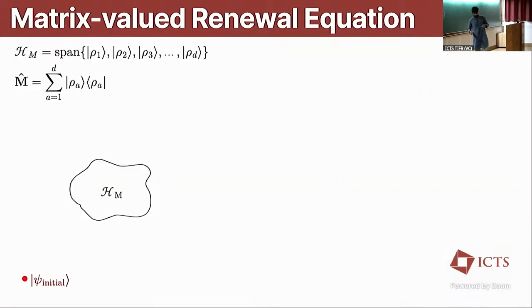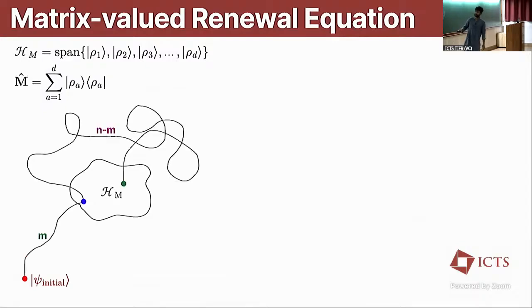Now, what happens when, instead of one state, you have a subspace in the Hilbert space, which is your detection sites, basically. So now you have some initial state, and you have some detection subspace, which is a d-dimensional space spanned by this, and this is the projection operator there. You do a similar thing.